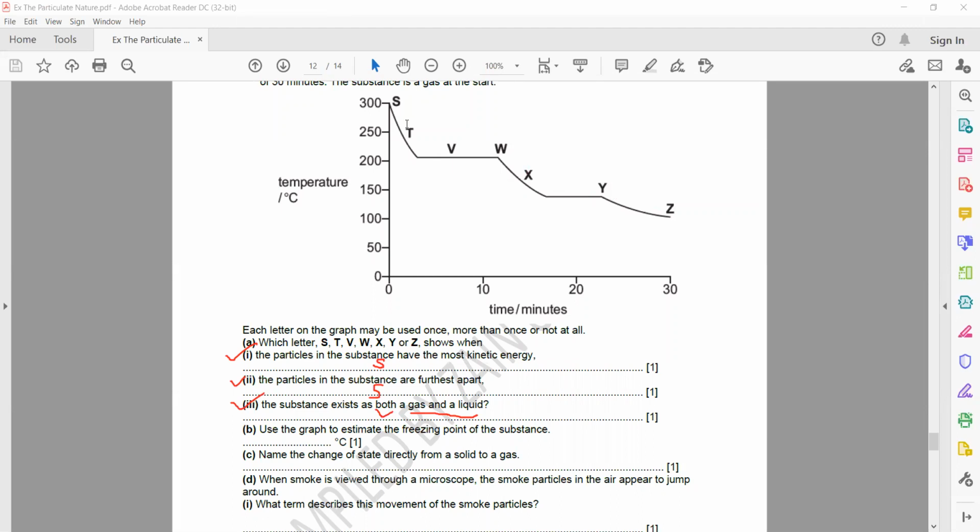In the beginning, in this region, you have a gas. When the temperature is constant, it means a gas is turning into liquid. So which two states will you have here? You will have gas as well as liquid. Again, the temperature is changing. So in this region you will have only liquid, because when the temperature changes, the state does not change. And when the temperature is constant, the state changes.